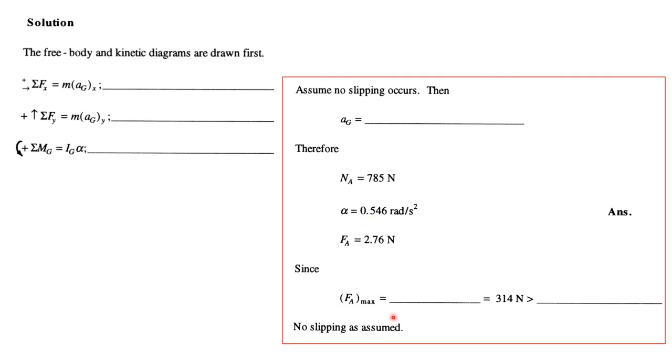And if the FA we find is going to be less than the 314 Newton, this will tell me that no slipping, as assumed. So we're going to see that by steps.